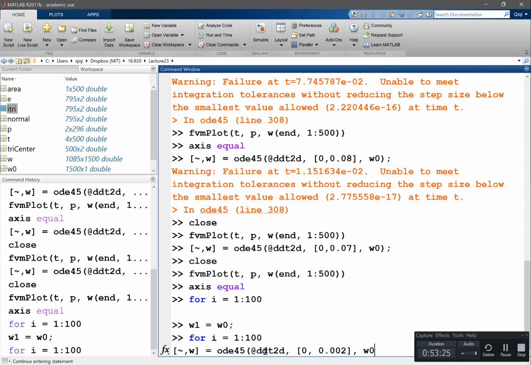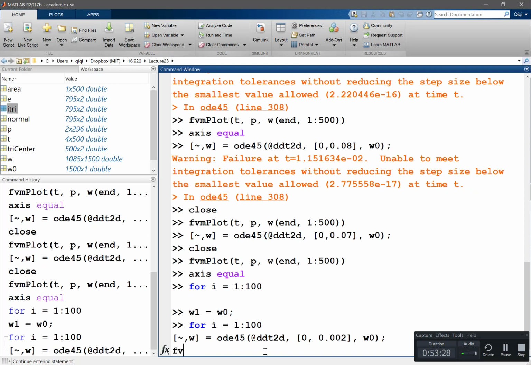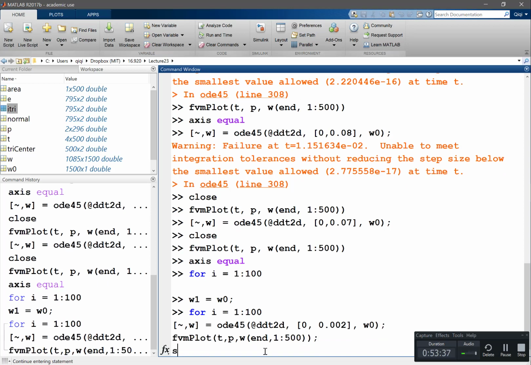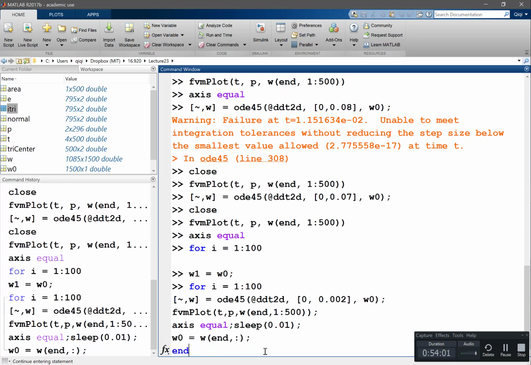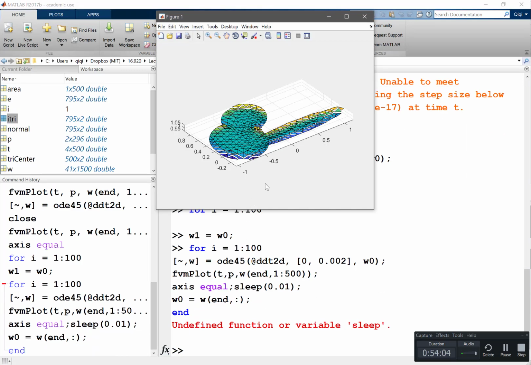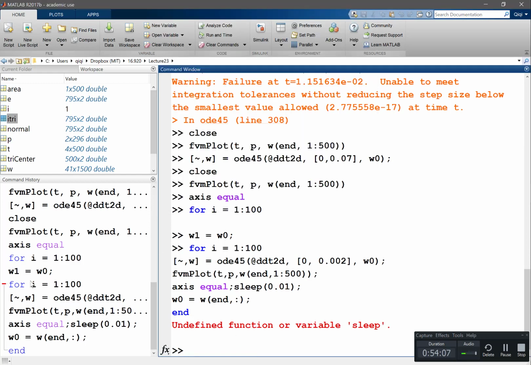So let's do this, W0 and FEM plot TP W and 1 to 500, and do we sleep for a little bit? Okay, so let's do axis equal and sleep, and then we set our W0 to W and color. Oh, I should be using pause as opposed to sleep.